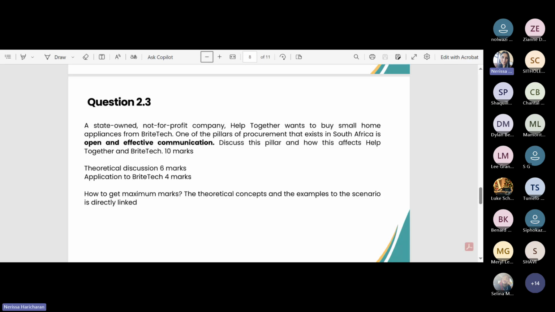You want to be able to understand where open and effective communication is sitting between the two, Help Together and BrightTech, and how to basically explain it from a theory perspective and then apply it to Help Together and to BrightTech. Okay.